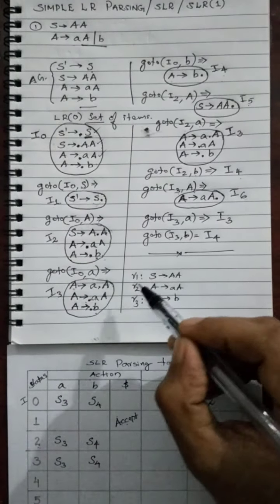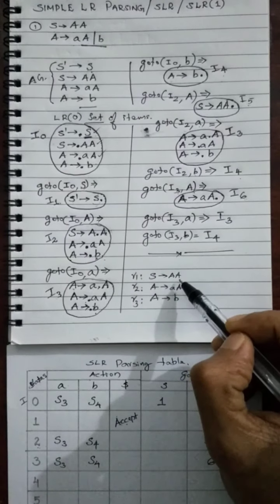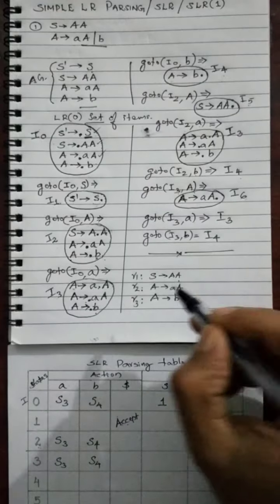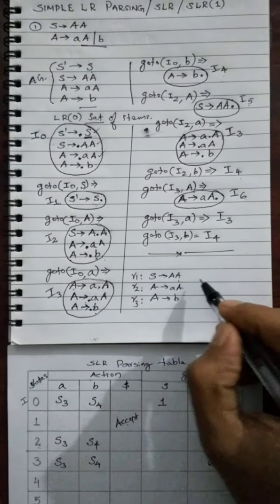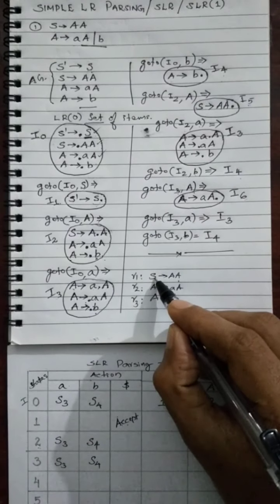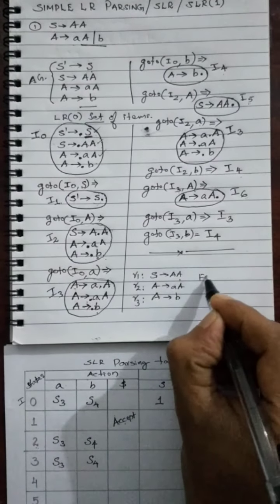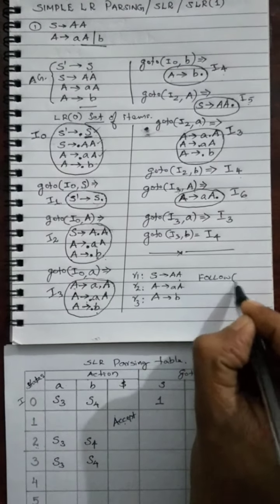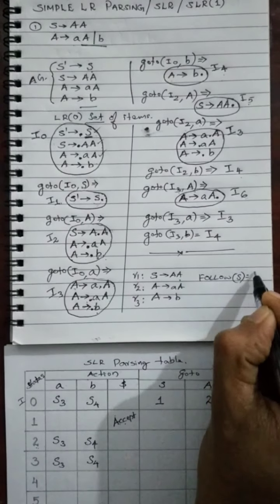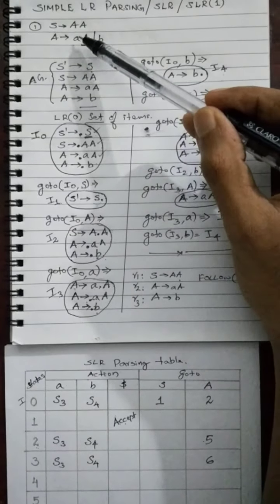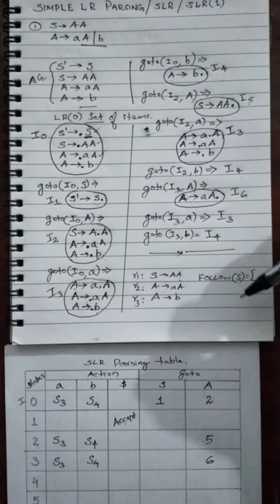Now where should I mention this R1 in the table? For that you need to find out the follow of the non-terminals. So what is follow of S? I hope you know how to find the follow of a given non-terminal.